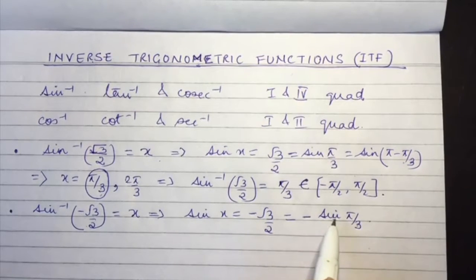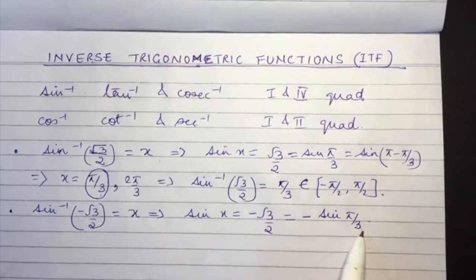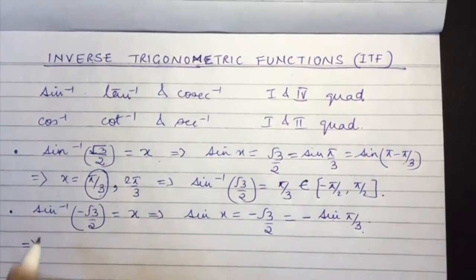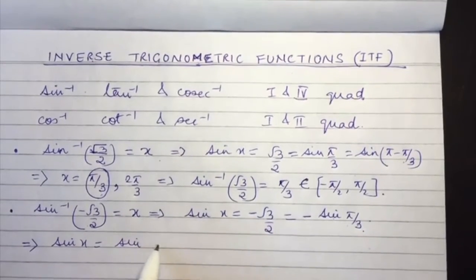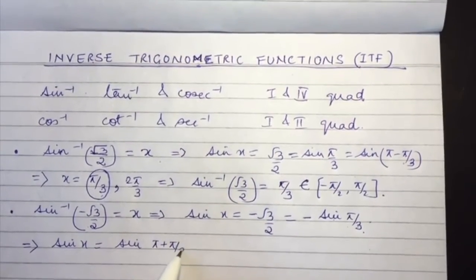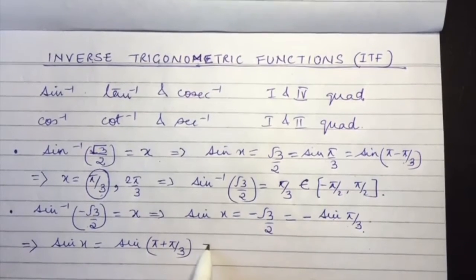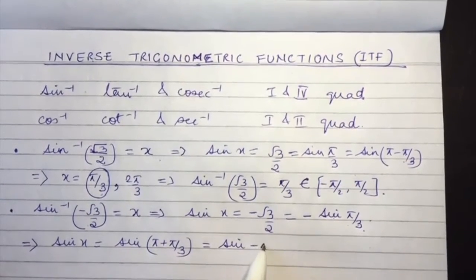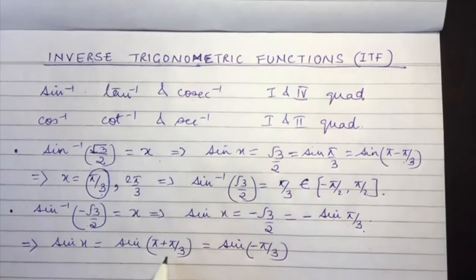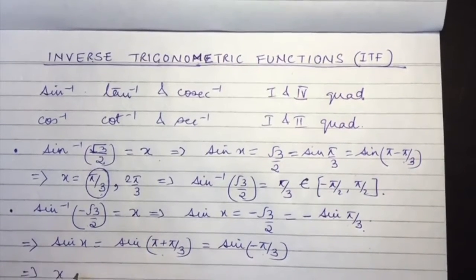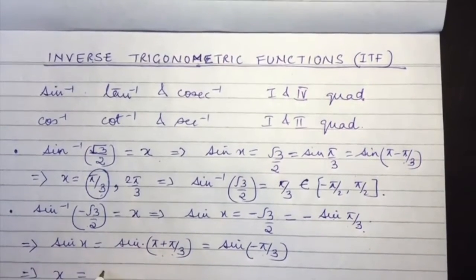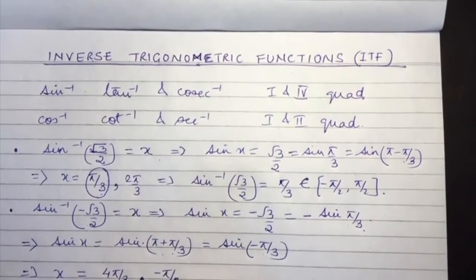Also, sine is negative in the third and fourth quadrants, so this gives us sine of x is equal to sine of pi plus pi by 3, and it is also equal to sine of minus pi by 3. This belongs to the third quadrant, this belongs to the fourth quadrant, which gives us the two values of x as 4 pi by 3 and minus pi by 3.